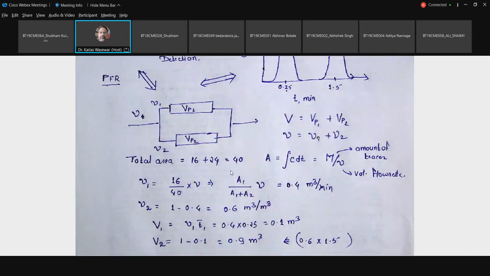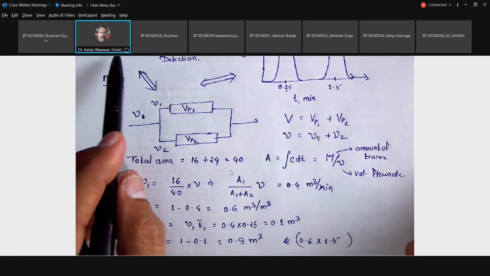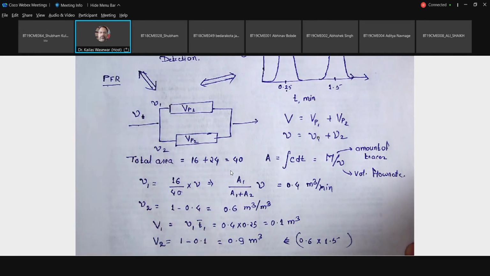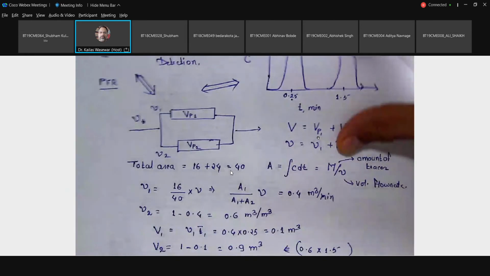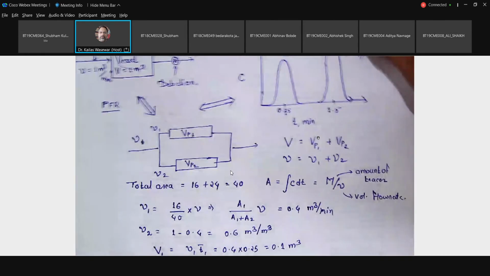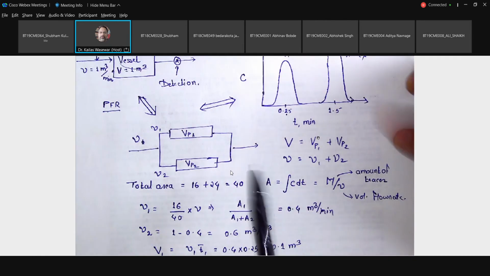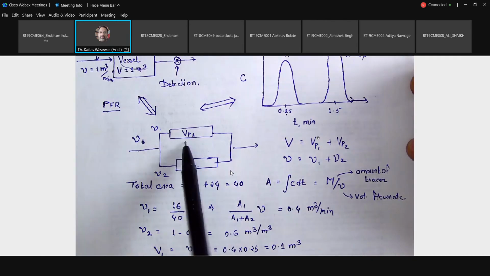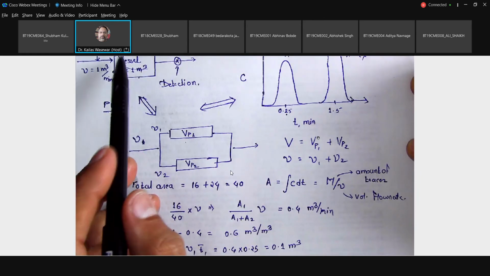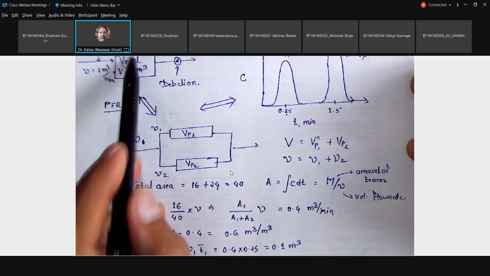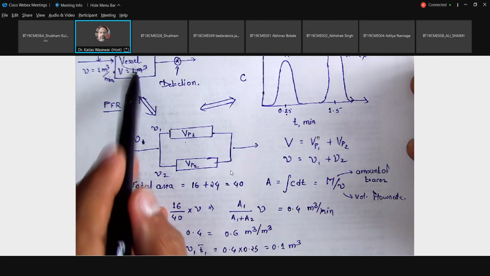So that means whatever real reactor you have, when you are performing the residence time distribution study, you are getting such a curve. By seeing this curve and knowing all this information, you will come to the conclusion that there is a possibility that the flow behavior in the reactor is like two plug flow reactors which are in parallel.